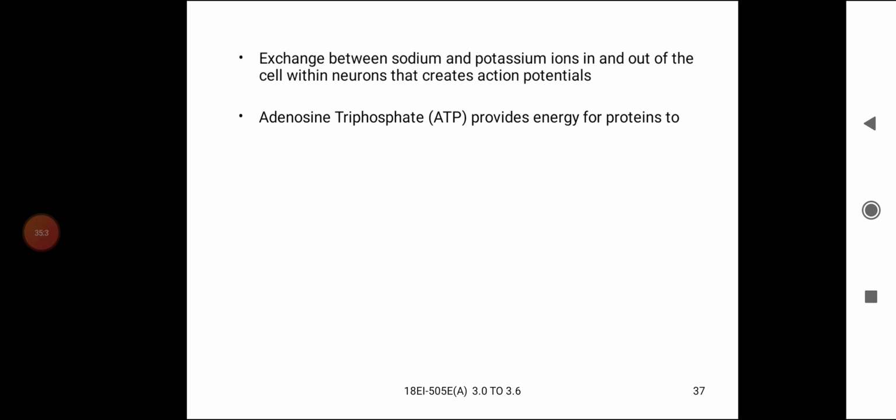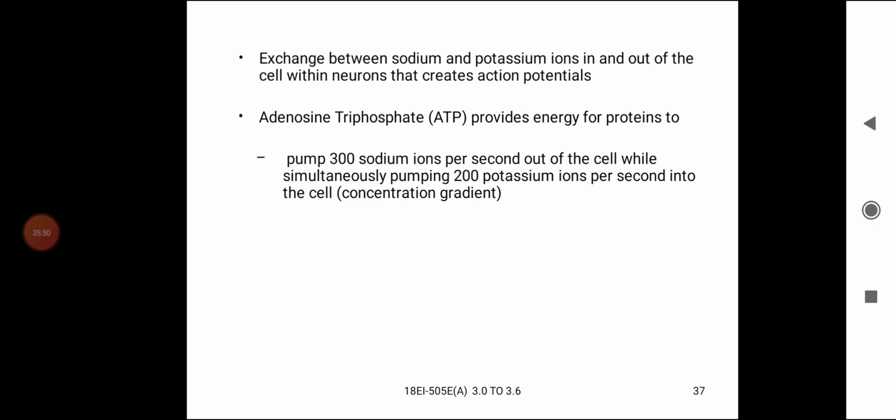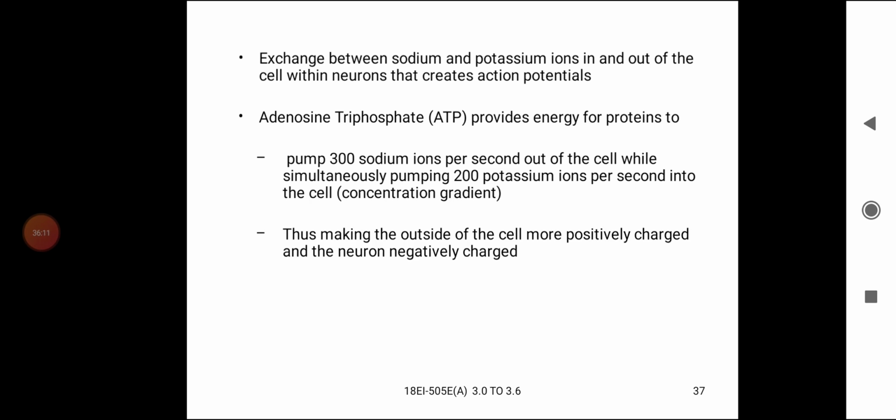Adenosine triphosphate, that is ATP, provides energy for proteins to pump 300 sodium ions per second out of the cell while simultaneously pumping 200 potassium ions per second into the cell. Concentration gradient, thus making the outside of the cell more positively charged and the neuron negatively charged.